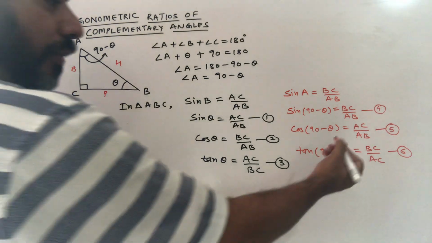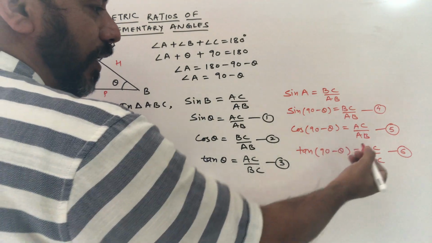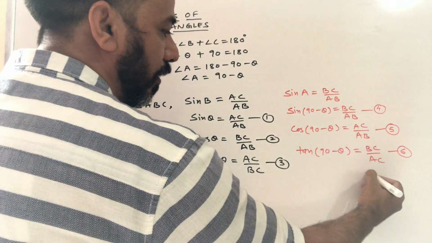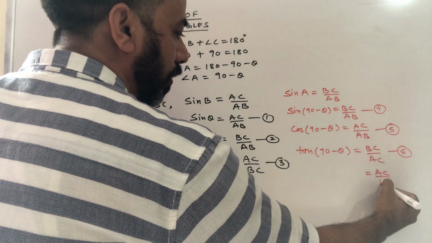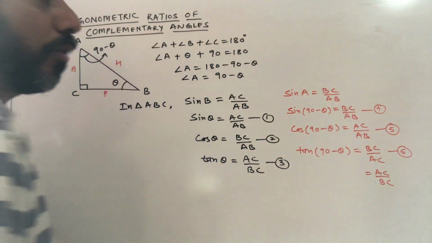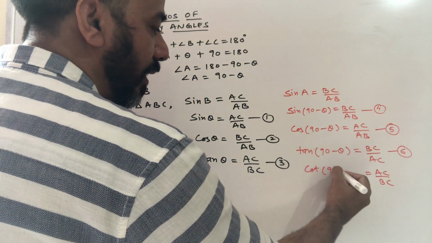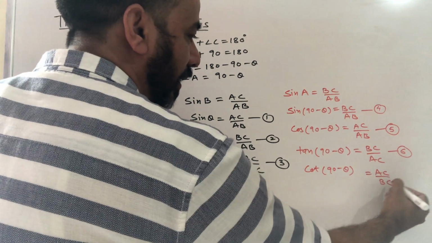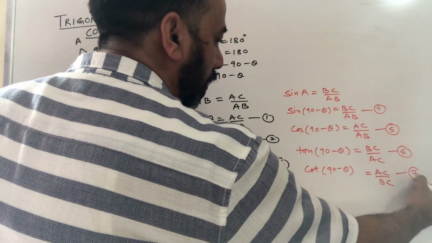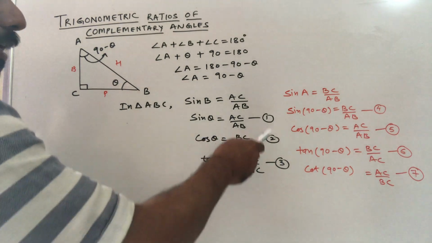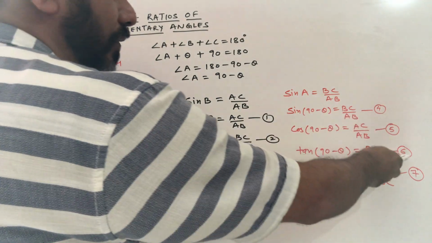Clear? Now in equation number 6, if I take the reciprocal, that means AC upon BC, then the reciprocal of tan is cot. So I will write cot 90 minus theta as AC upon BC. This is equation number 7. So I have taken out 7 equations: 1, 2, 3, 4, 5, 6, 7.